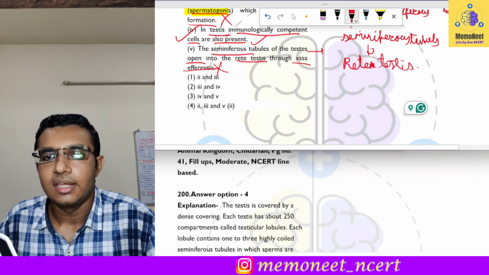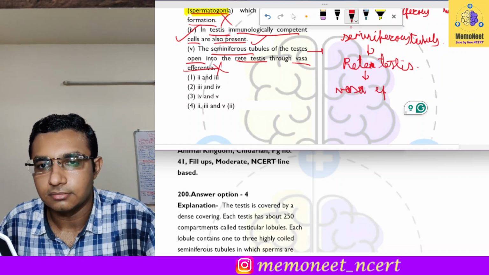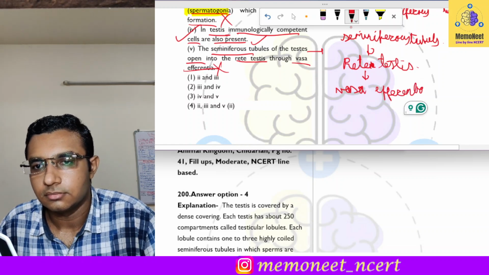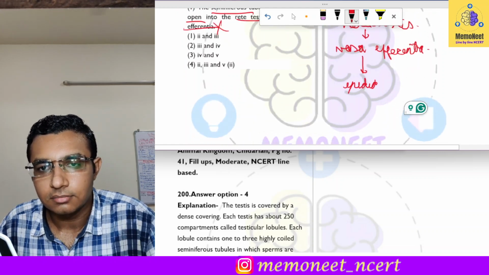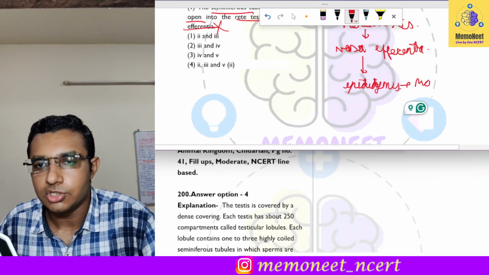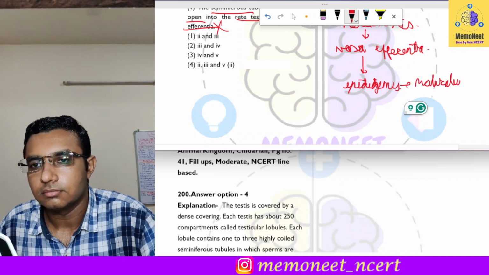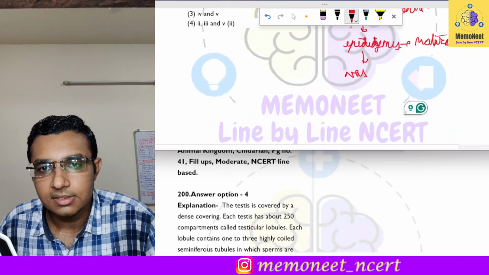Then from the rete testis they go into the vasa efferentia. From vasa efferentia they enter the epididymis, where they mature. So maturation occurs in the epididymis. From the epididymis they enter the vas deferens.